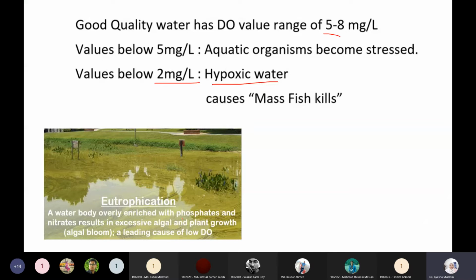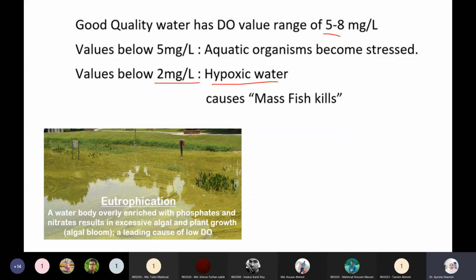These are nutrients. Remember, we all need nitrogen and phosphorus based molecules because these are the building blocks of our DNA. Okay, so do the bacteria, and one specific kind of bacteria is known as cyanobacteria, or they are also known as blue-green algae. They are not just simple algae, they are actually bacteria, and that's what happened in the Haor area.